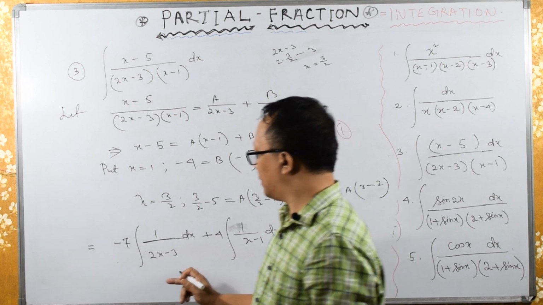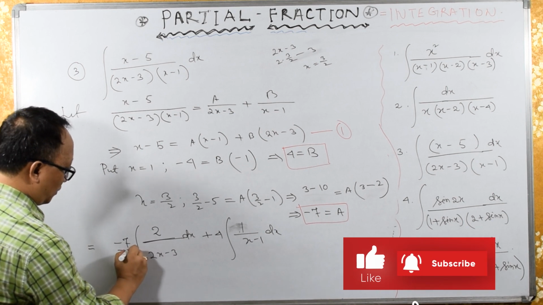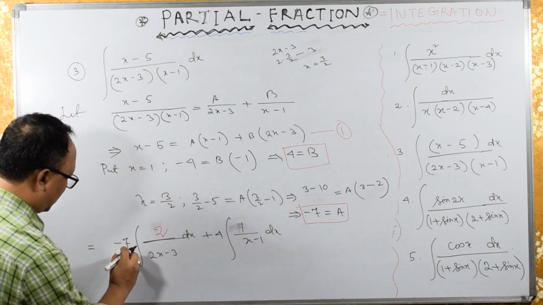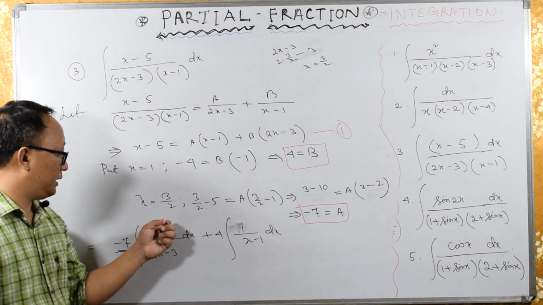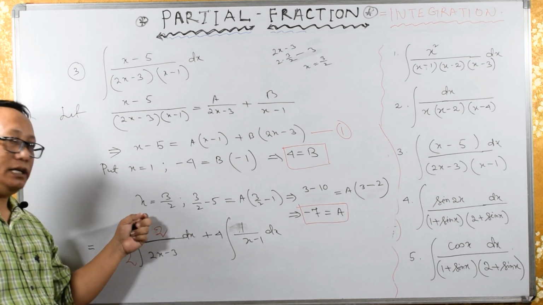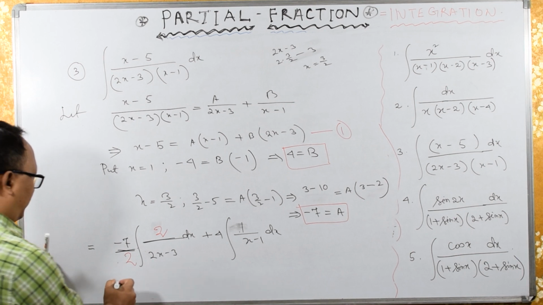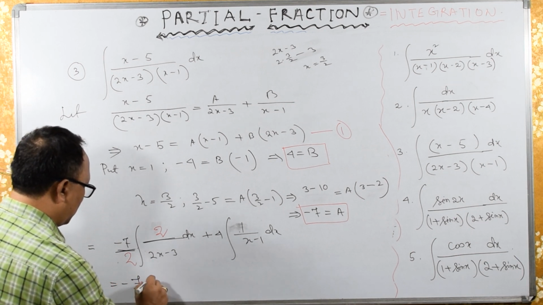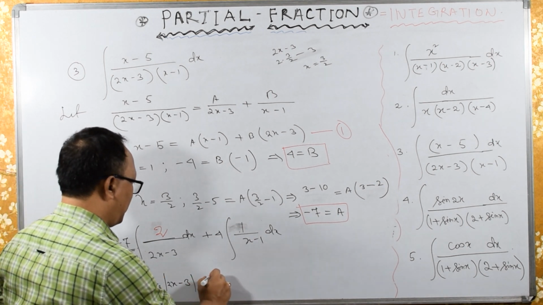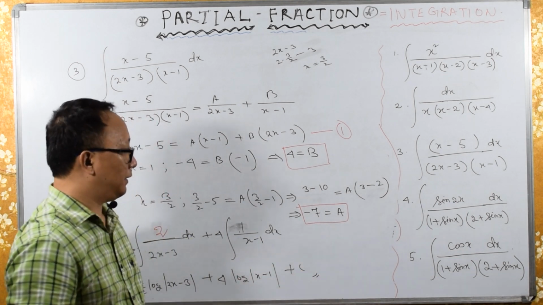So you need a 2 here, but this 2 is extra, so I can cancel it with this 2. Therefore it's minus 7 by 2 log of 2x minus 3 plus 4 log of x minus 1 plus constant.